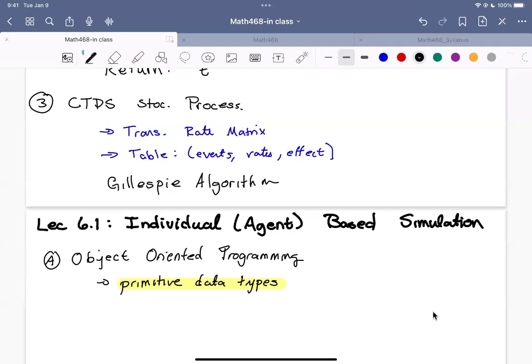Some of these primitive data types are integers, and I'm just going to use the notation from C++ because it's the standard basic notation. The notation in any specific programming language could be a little different, but you might have something like an integer or a double. A double is a decimal number with a certain amount of accuracy. Don't worry about that. It's called a double precision number, but just think of this as a decimal.